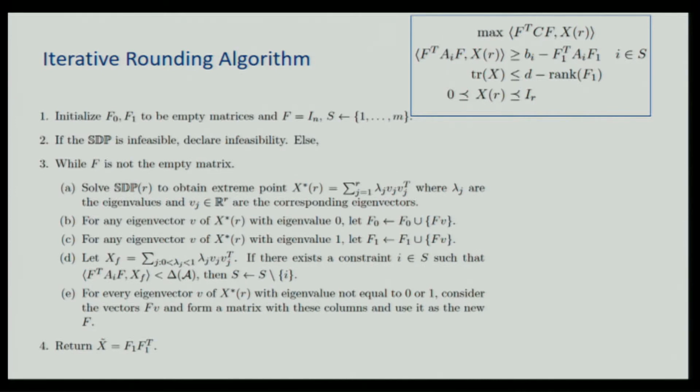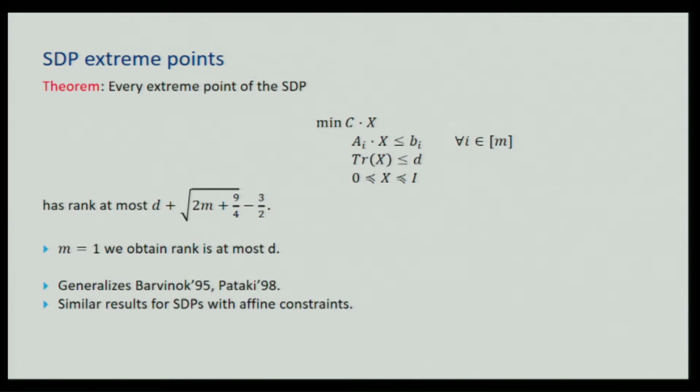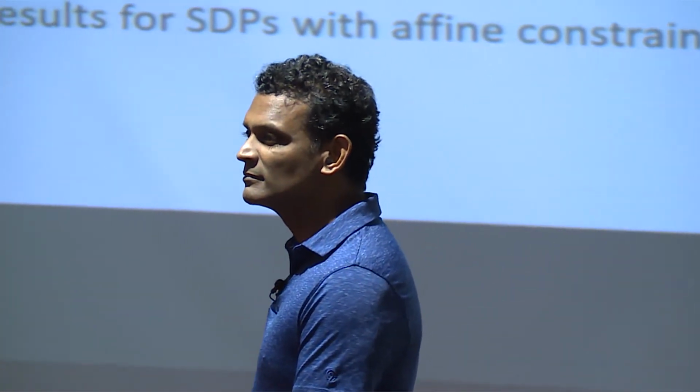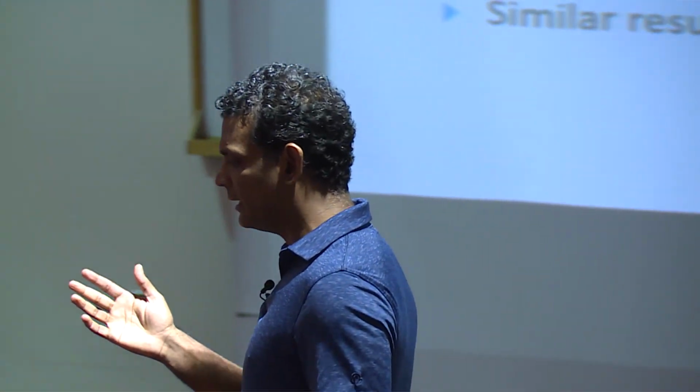Last thing I wanted to mention is that one of the nice things in combinatorial optimization is iterative rounding for various problems. Yes, sorry. When you talk about extreme points beforehand, do you just mean anything that's on the boundary of the feasible set? Or anything that's an extreme point solution of a convex set, meaning that the point cannot be expressed as a convex combination of any other feasible points. Okay, so this means you have to use an algorithm that guarantees you don't just have an optimal point, but that you also return an extreme point.